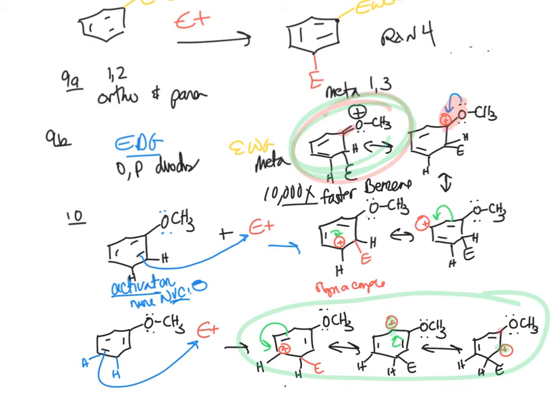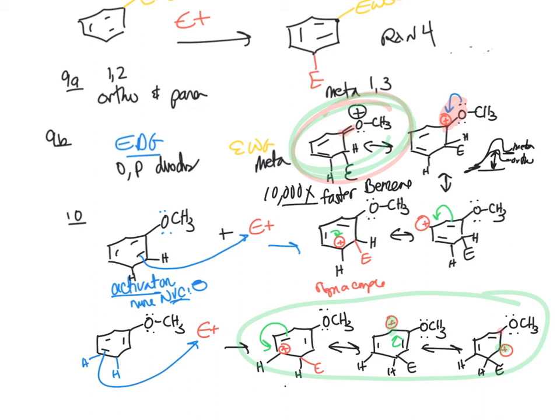And you would say yes. This intermediate would have a much lower energy than the other one. So if this is the ortho and this is meta, this would have a lower energy, and therefore it'd have a smaller activation energy.